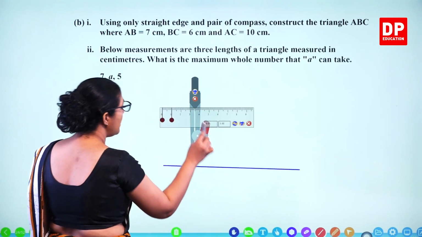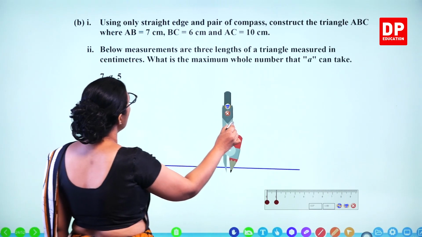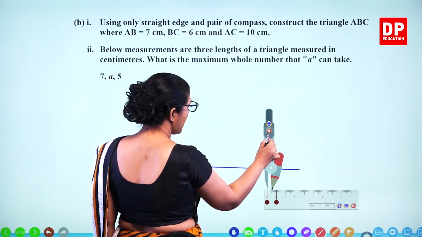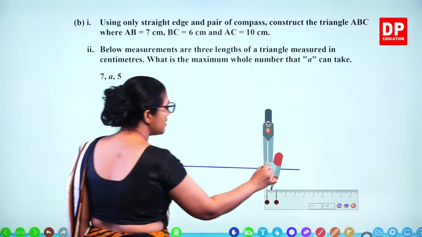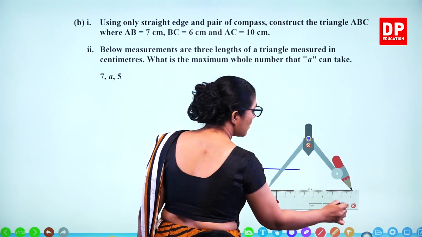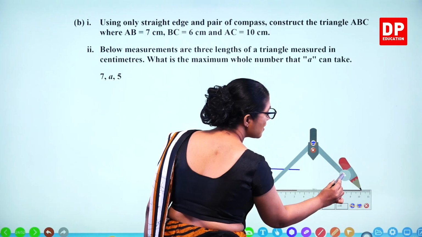We need to measure lengths. AB 7. We'll take AC 10. First we'll take 10 centimeter length.